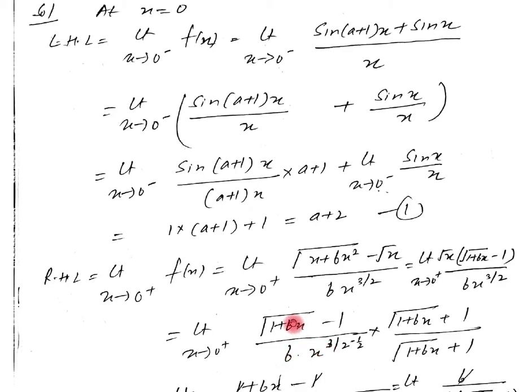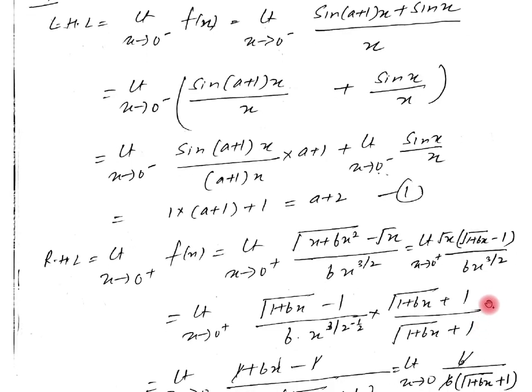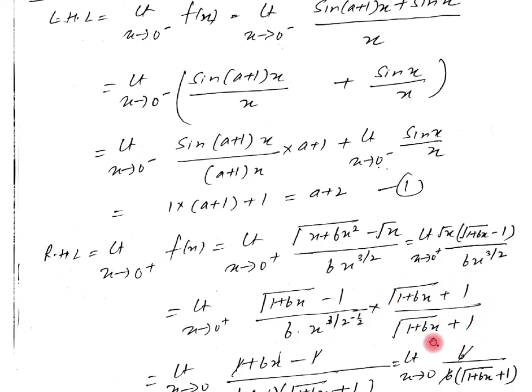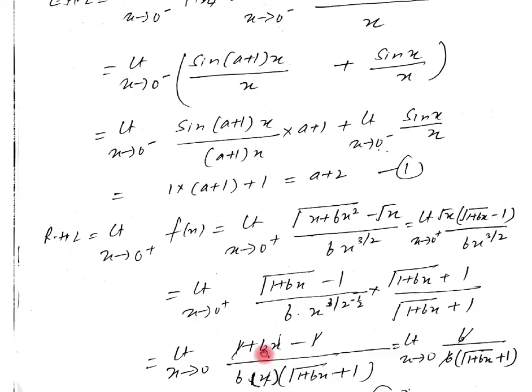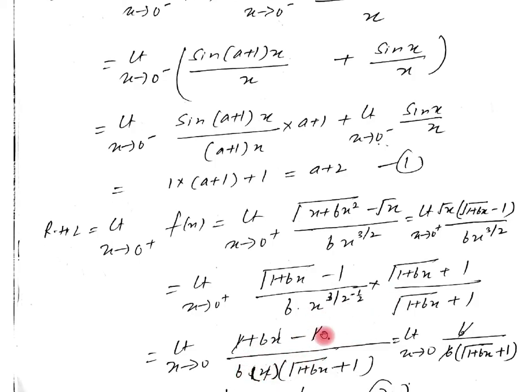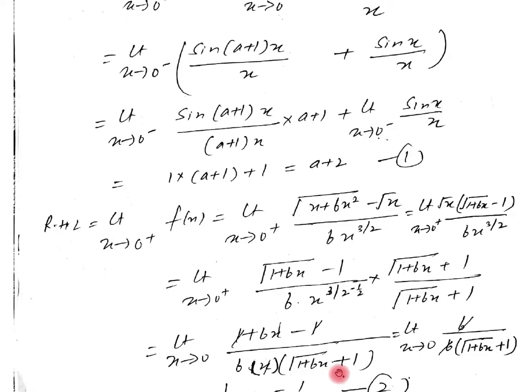Now again here rationalizing the numerator, it can be written as under root 1 plus bx plus 1 upon under root 1 plus bx plus 1, because when the function is irrational, either in the numerator or the denominator, always we have to rationalize the function. Now simplifying it here, it is 1 plus bx minus 1. Now here this can be written as b into x, and this expression as it is.